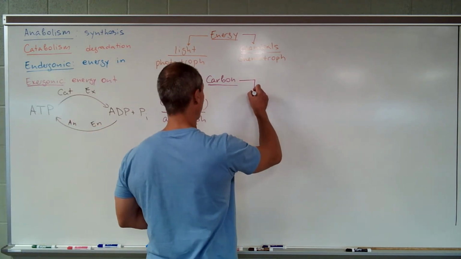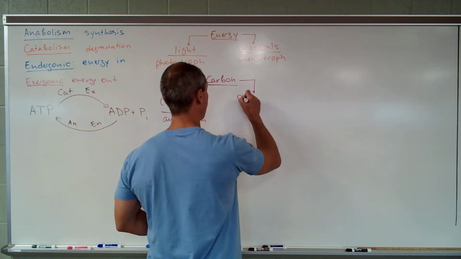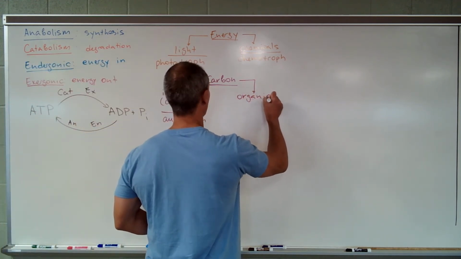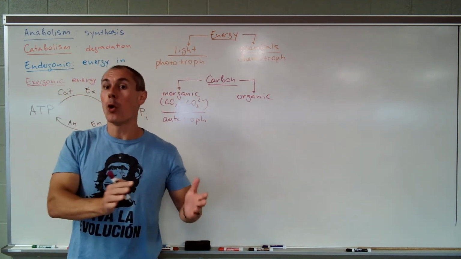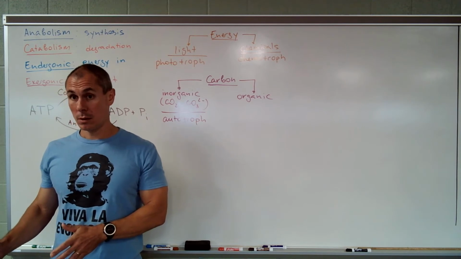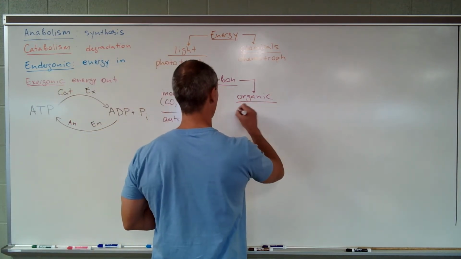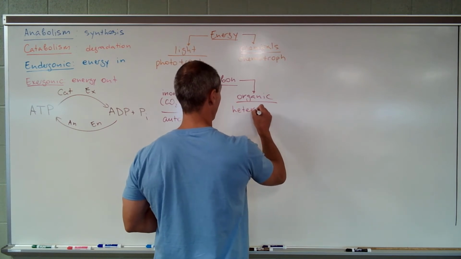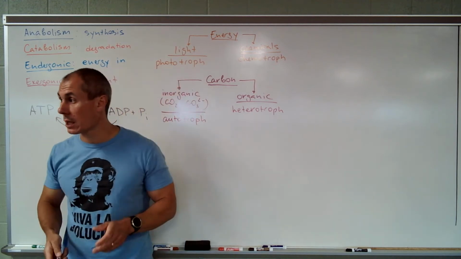And if a microorganism has to get its carbon from organic sources, other organisms, either living or dead. Does that make sense? This organism is called heterotroph. Again, I'm gonna use humans as an example.